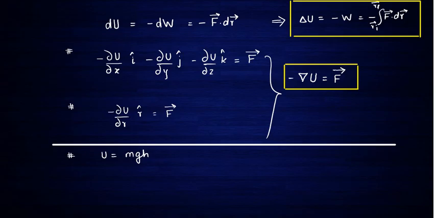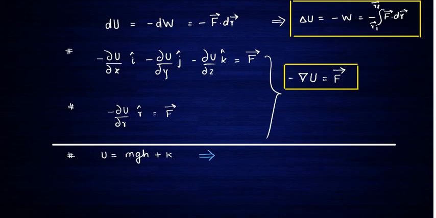So let us say I could add an arbitrary constant plus k over here, and this arbitrary constant k does not matter or it does not affect our calculations, because in all calculations we are always going to use the change in potential energy and never do we use the actual value of potential.